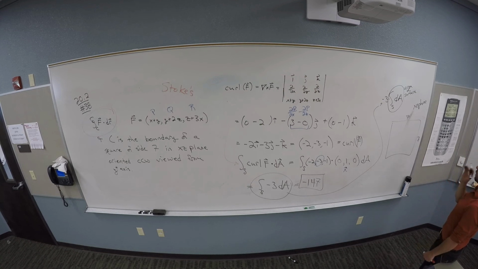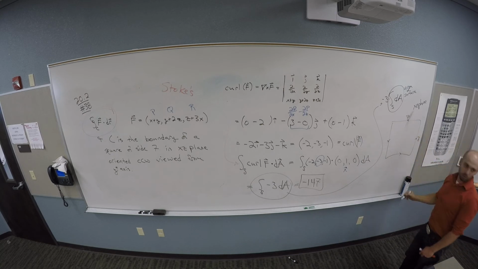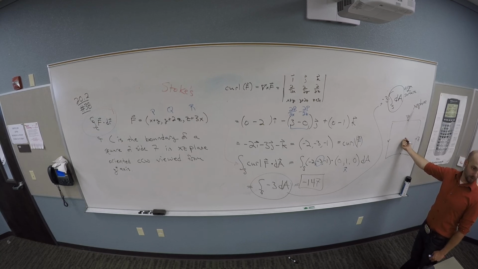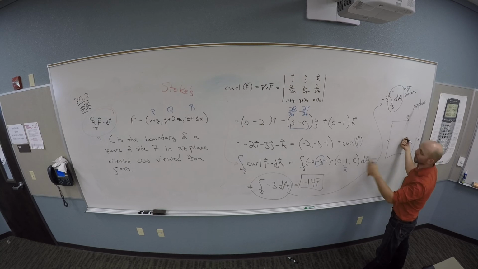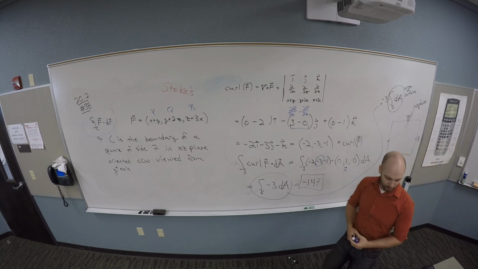So I'm out here looking down the positive y-axis at this thing, and it's counterclockwise, which is what I like to see, right? So I know that the thing that points out at me is the normal vector. So the normal vector out of there is the one parallel to the y-axis, something like 0, some number, 0. And I know that I need it to be length 1, so I normalize it to get j. Okay. Yes. You guys cool with that?